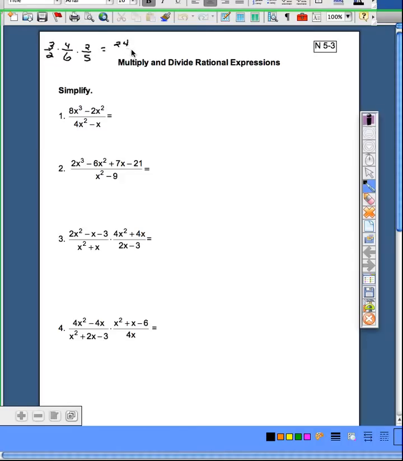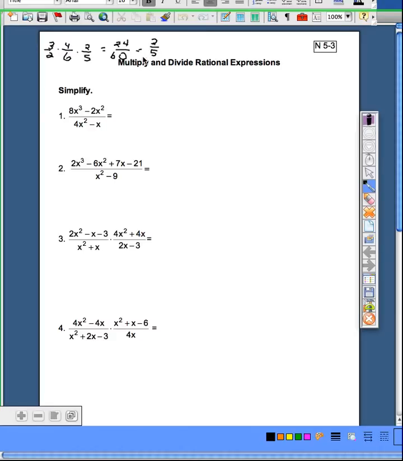And then 2 times 6 is 12 times 5 is 60. And then you can reduce your fraction. You can divide by 12, and that's going to be 2 fifths.